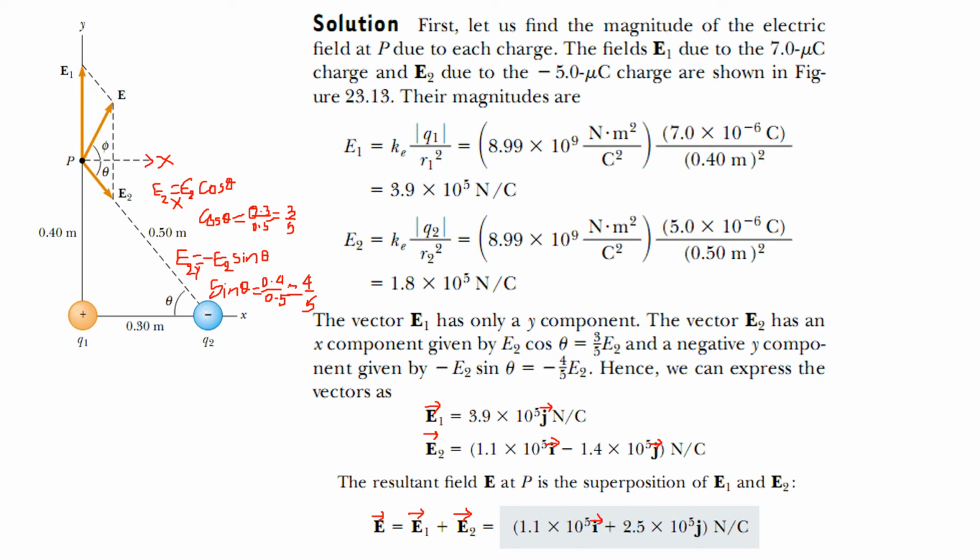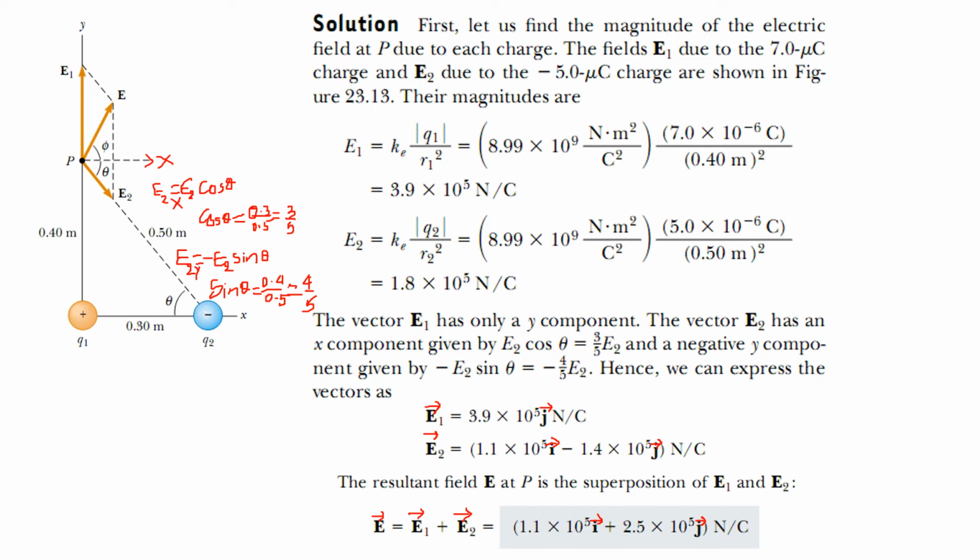The x component is 1.1 times 10 to the power 5, and the y component is 3.9 minus 1.4, which is equal to 2.5 times 10 to the power 5 Newton per Coulomb.